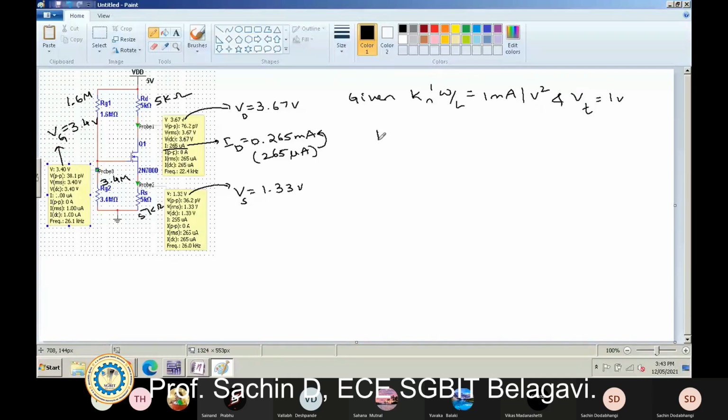Find VGS, VG, VD, VS for given ID equals 0.265 milliampere.